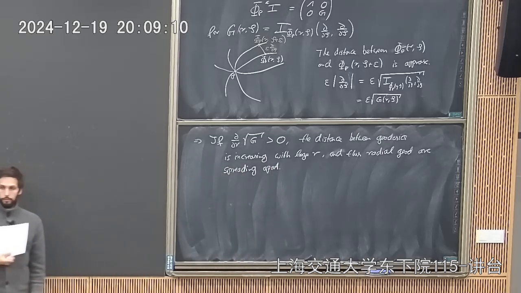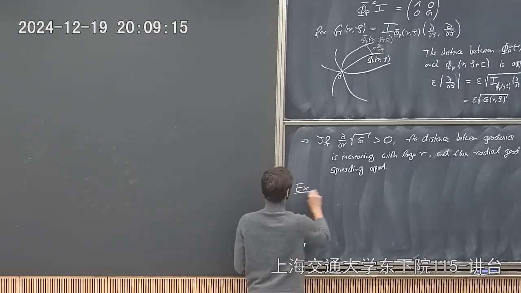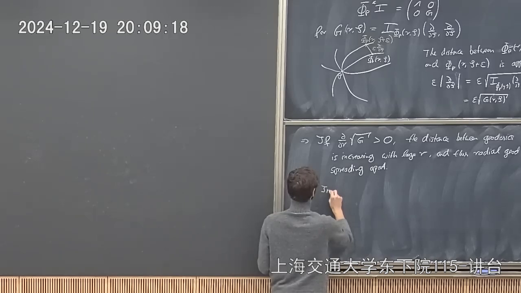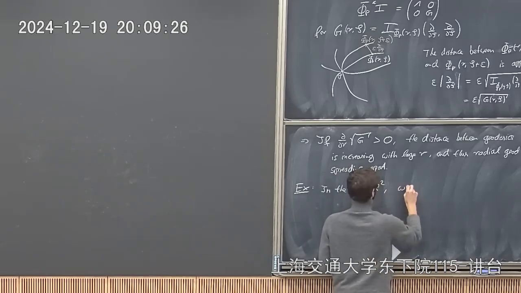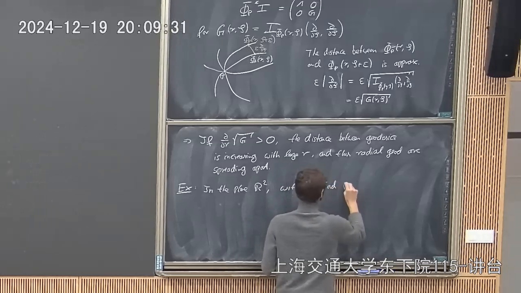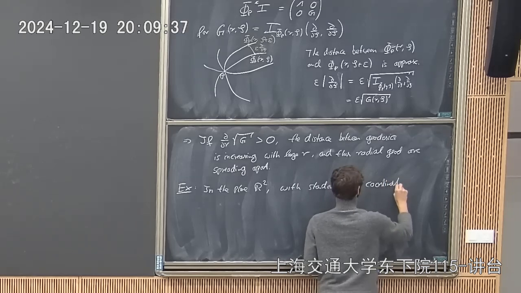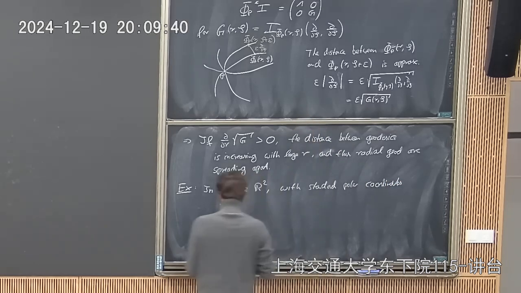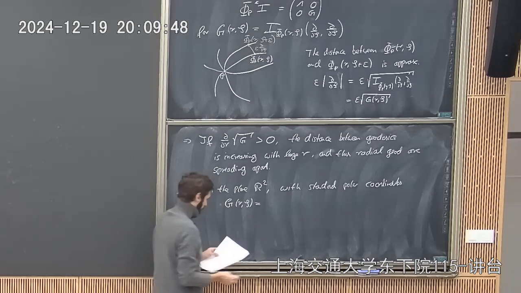And that's actually what you know from the normal polar coordinates. Namely, if you look at the example in the plane, R2 with the standard polar coordinates, if you calculate it, that was one of the homeworks, you actually find that g of r, phi doesn't depend on phi, but it's just r squared.